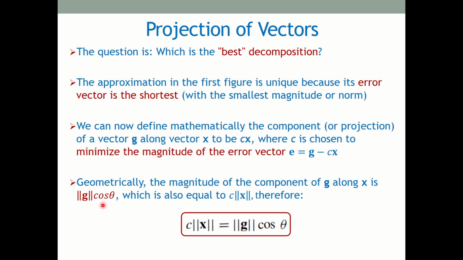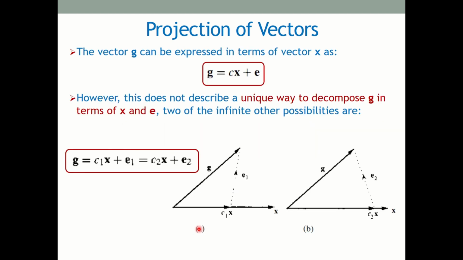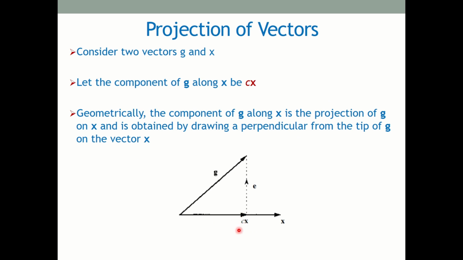So we know from vector calculus that the component of g along x is the magnitude of g times cos of theta, where theta is the angle between g and x, which is equal to cx from our plot. This is what we know from the vector properties, and this is cx. It's specific to the head to tail rule and the problem that we have shown here.